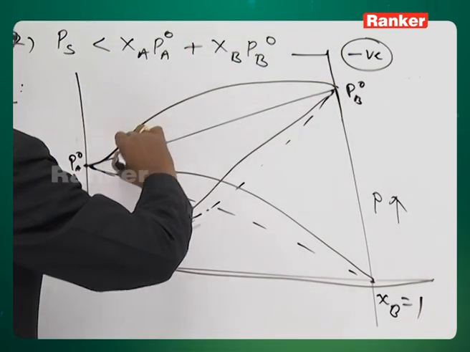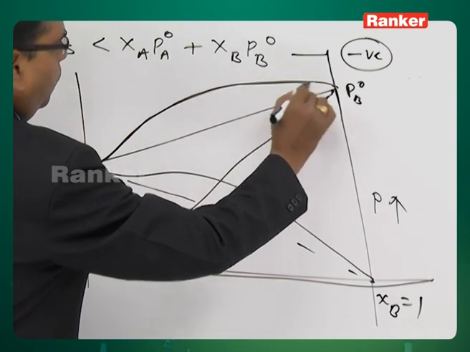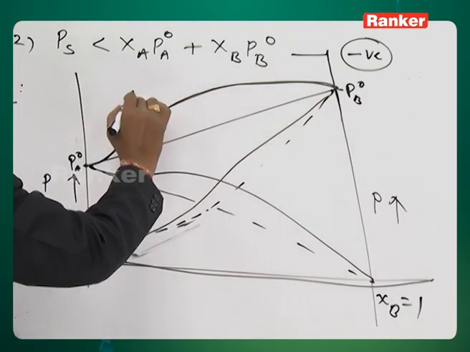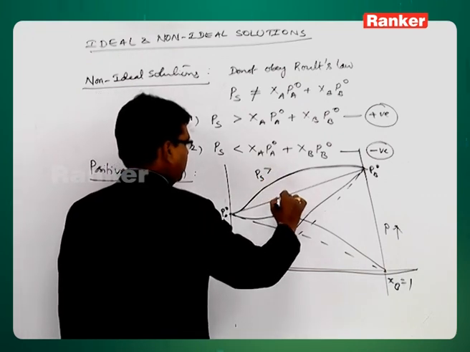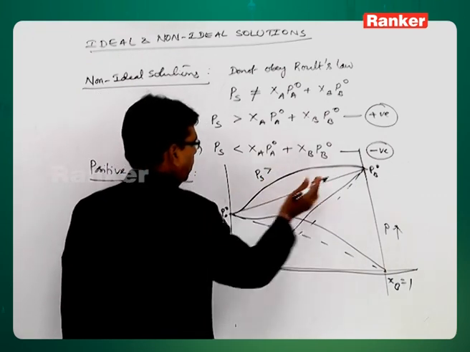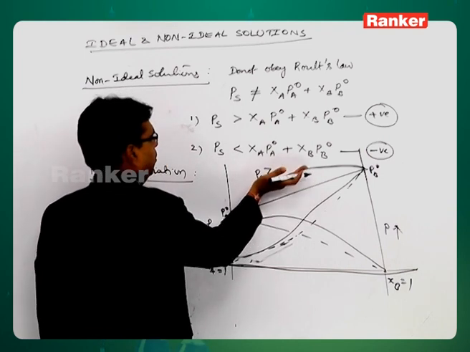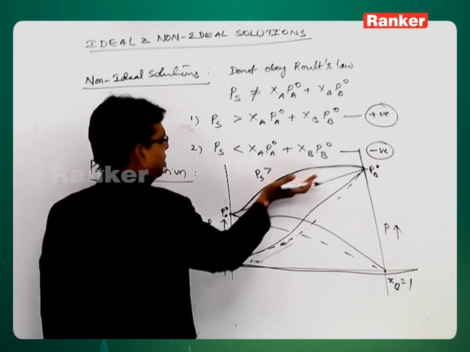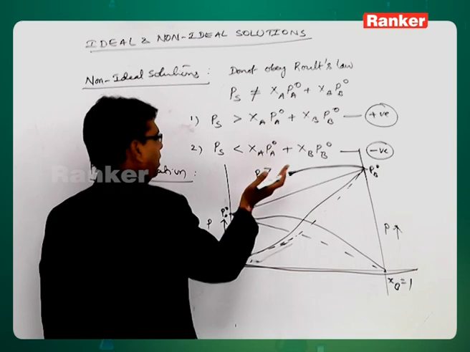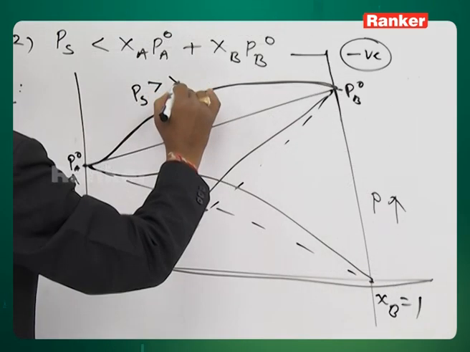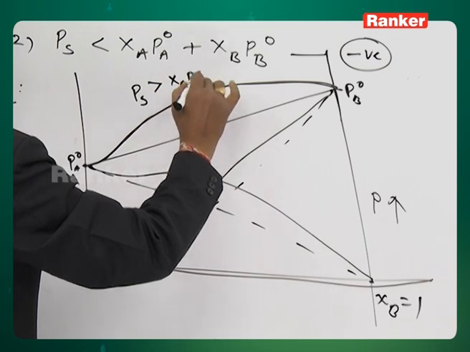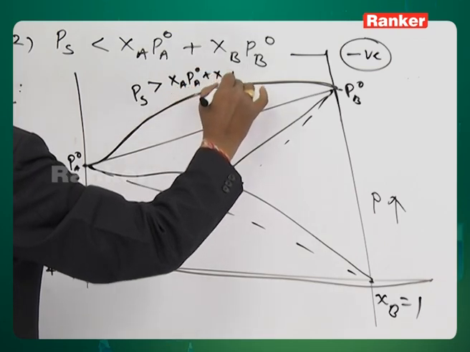This is the vapor pressure of the solution, meaning the vapor pressure of the solution Ps is greater than XA PA naught plus XB PB naught. The vapor pressure of the solution is above this straight line. You are getting a curve, it is not a straight line, so Ps is greater than XA PA naught plus XB PB naught.